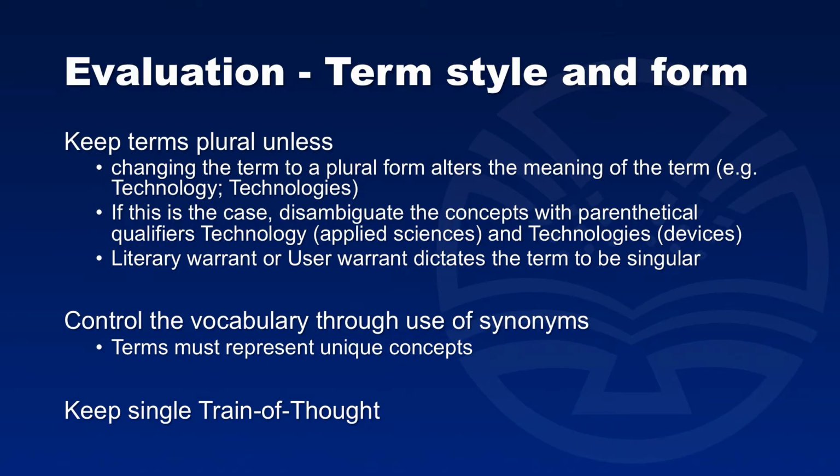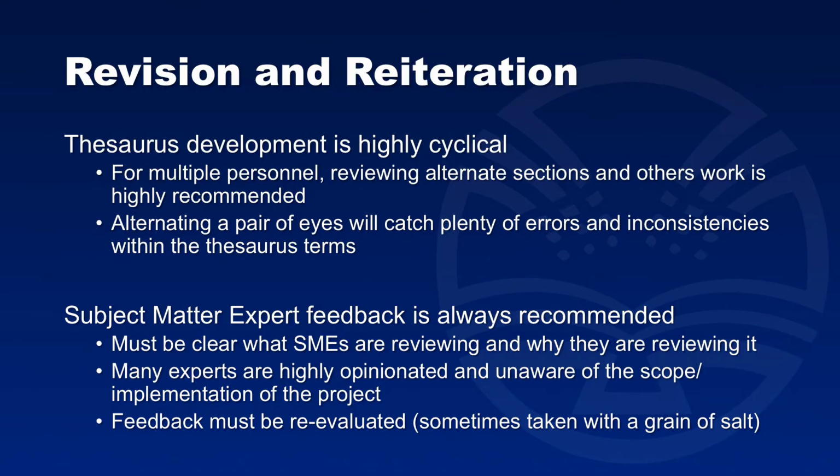You want to control the vocabulary through the use of synonyms. By adding synonyms, you reduce conceptual duplicates within the uncategorized and categorized listings. And always be certain that every term describes a single train of thought. I mentioned earlier that it is an iterative process, so when we do the evaluation, we do the evaluation again.